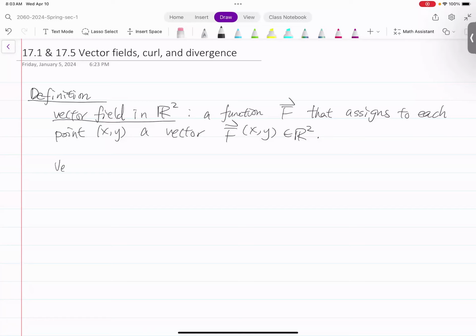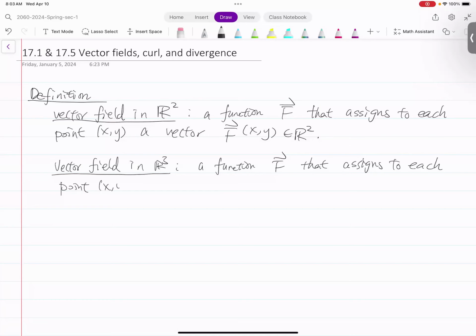And of course, you can extend it to R3. So a vector field is a function F that assigns to each triple (x, y, z) a vector compatible with (x, y, z).